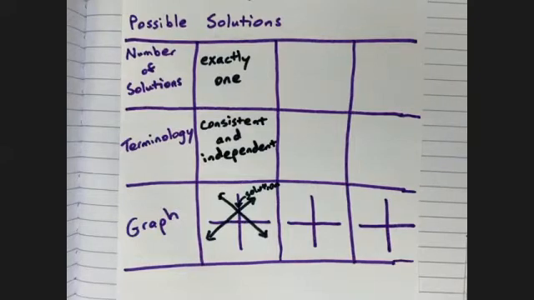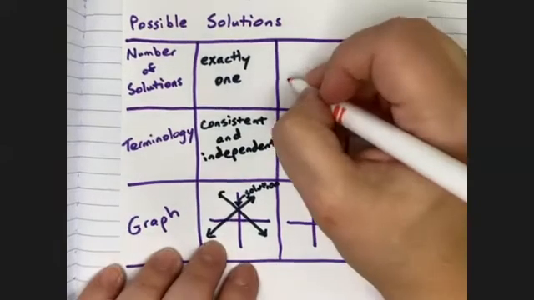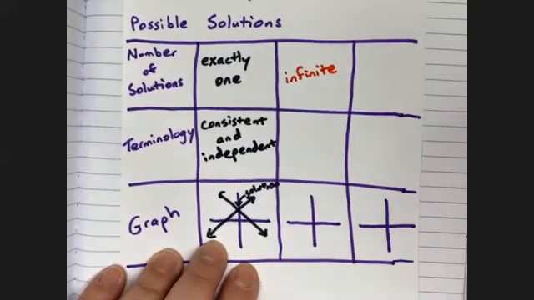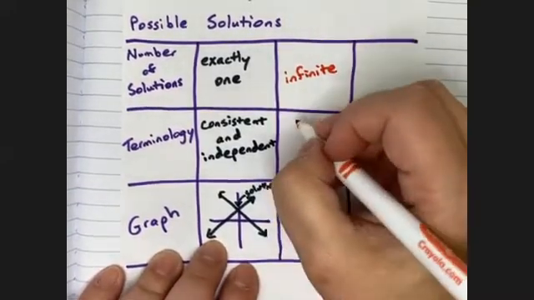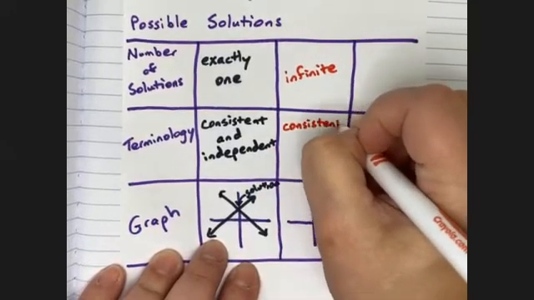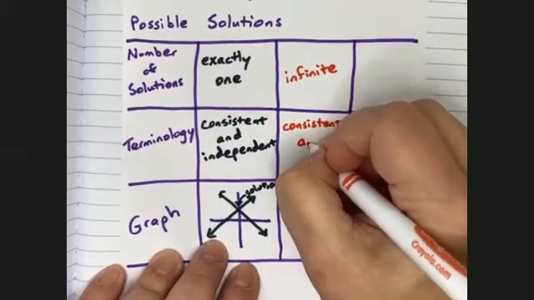Now, there's more than just one possible solution. So if I have an infinite number of solutions, the terminology for that is consistent and dependent.